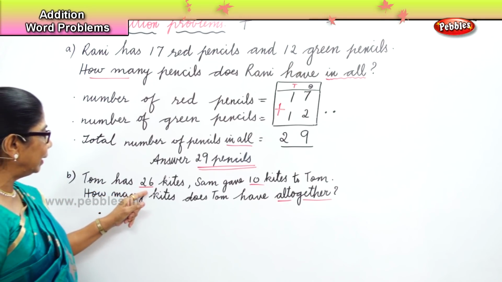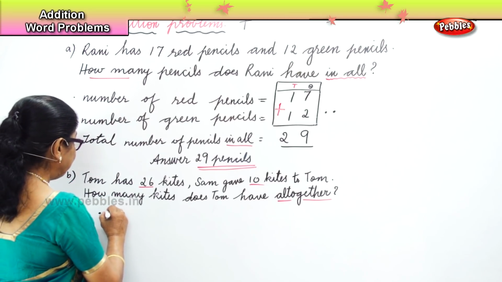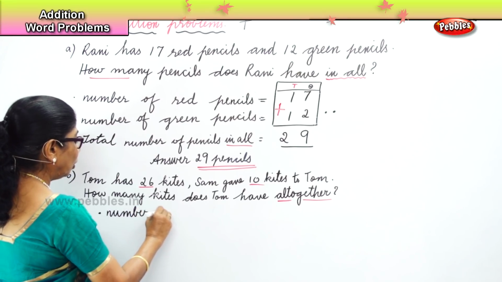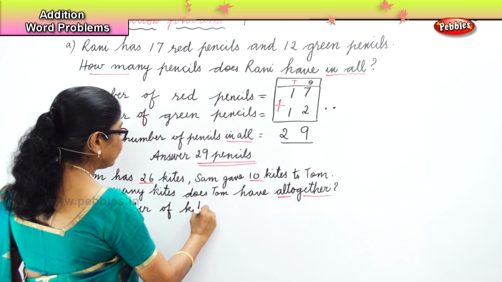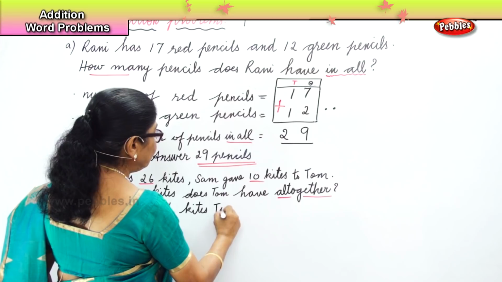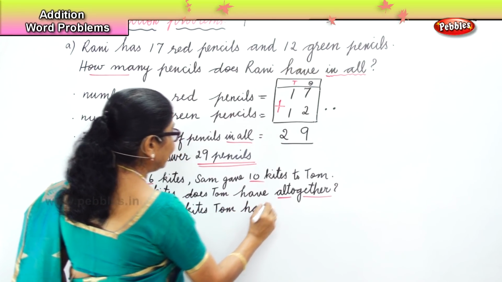Number of kites Tom has. Very good. So, number of kites Tom has. What will be the next statement?